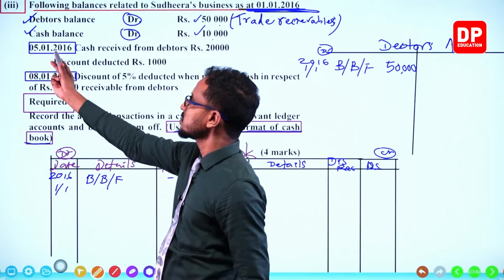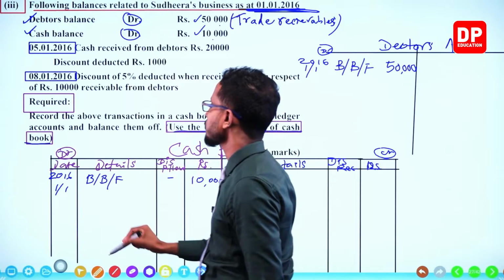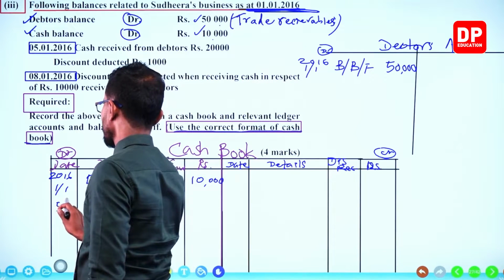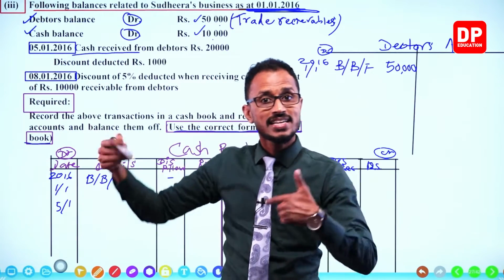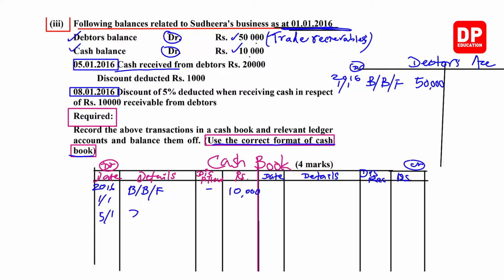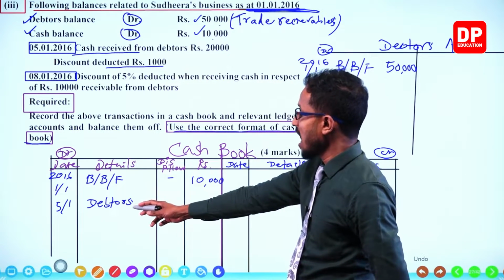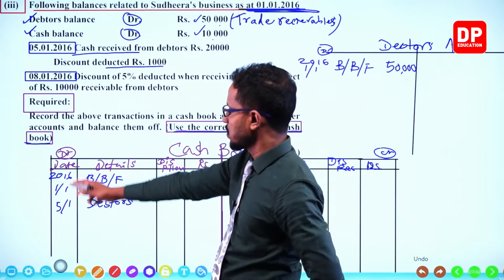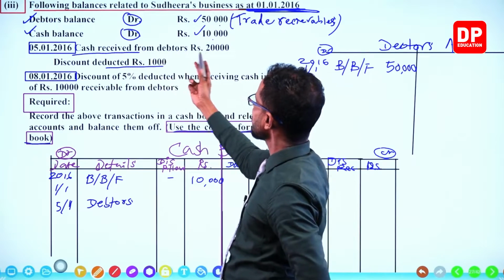Transactions. 5th January. Cash received from debtors 20,000, discount deducted 1,000. Cash received. Received means debit. We are getting cash to the business. Cash in, debit, from debtors. So description: debtors. How much is cash received from debtors? 20,000.